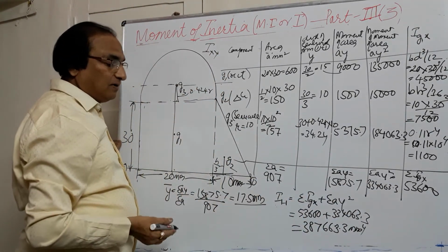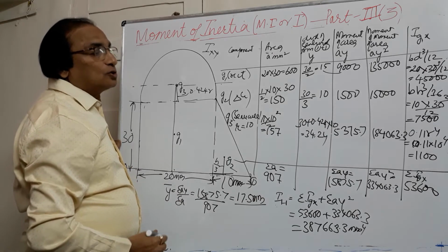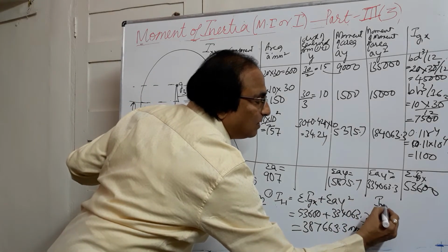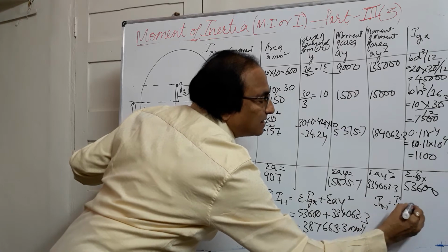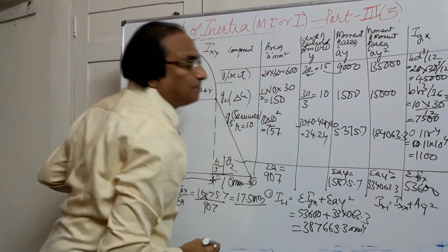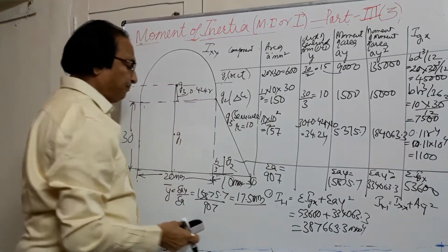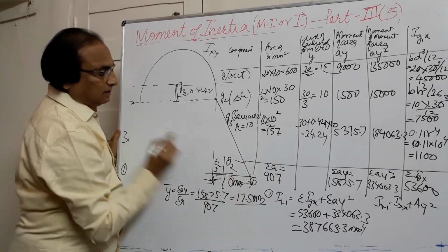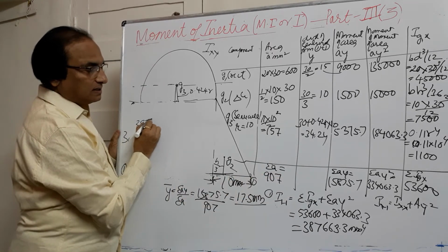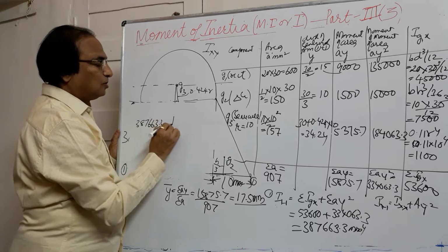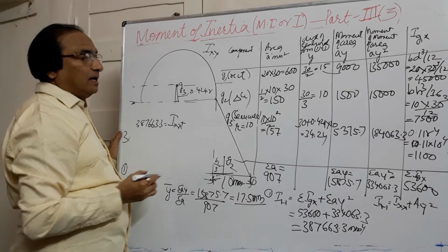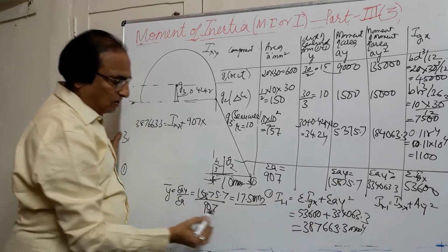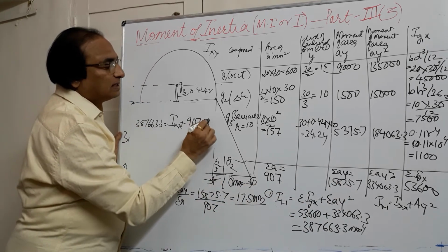We are not interested in I11, we want Ixx. So we know, this is first step what we have used, I11. We also know that I11 is equal to Ixx plus A y bar square according to the parallel axis theorem. So in this, we know I11. The value of I11 is 387663.3 is equal to, we are interested in Ixx plus A. What is the area what we have got is 907 into y bar is the one what we have already calculated here of the whole figure, 17.5.